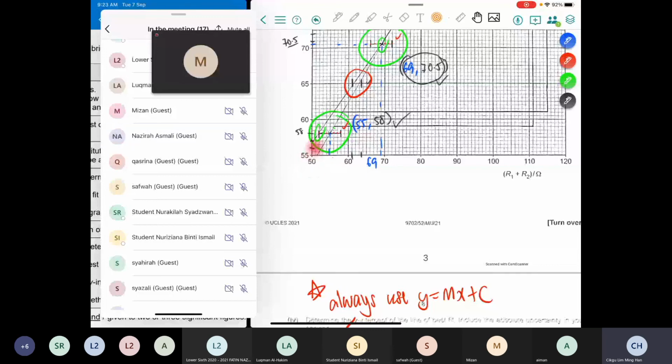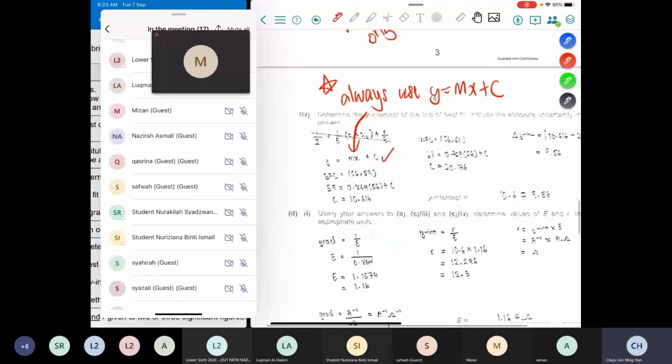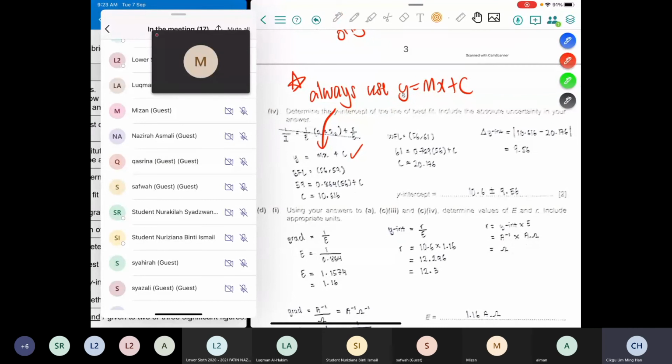How can this one be the y-intercept? Because this one is not actually from zero. So be careful. If it starts from zero, you can read the y-intercept directly. Bear in mind that this does not start from the origin, so you cannot read the y-intercept. That's why you must use the y-intercept that Fatin did.